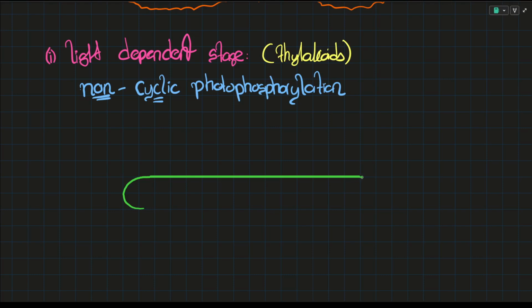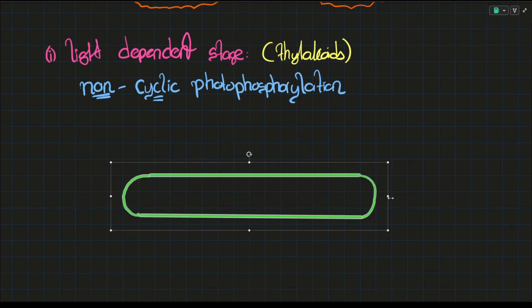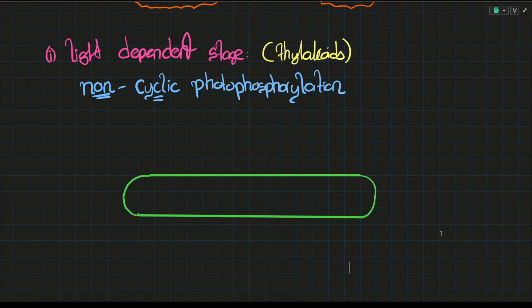I think that space should be enough, and let's curve back. Okay, that's better. Okay, that is a thylakoid.